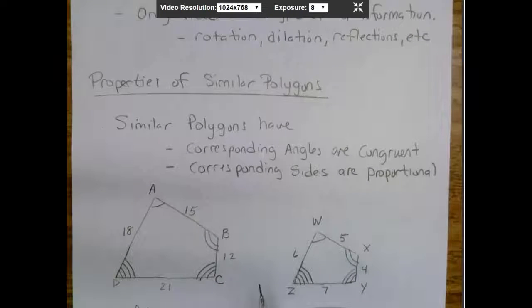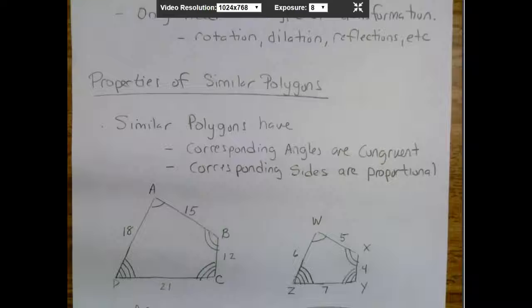So we have what's called a scale factor of 3. And we could even go the other way. The scale factor from this one to this one is actually a third, right? So it's smaller, it's 1/3 the size.